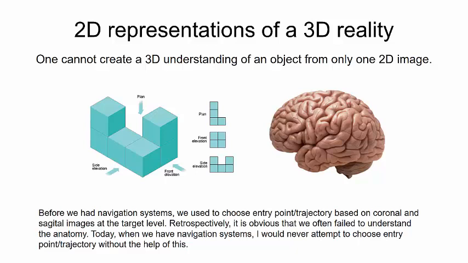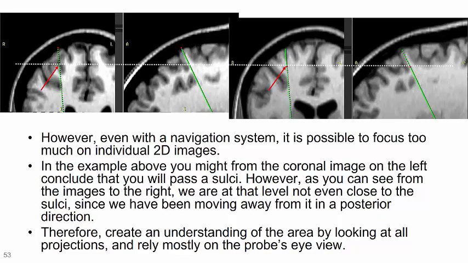And today, when we have navigation systems, I will never attempt to choose an entry point and trajectory without the help of the navigation system. However, even with a navigation system, it is still possible to focus too much on individual two-dimensional images. In the example above, you might from the coronal image on the left conclude that you will pass a sulci.